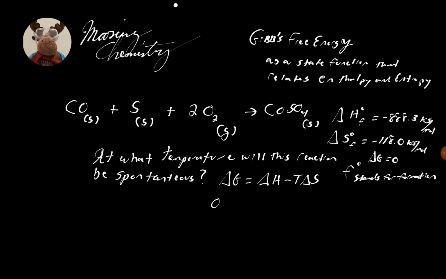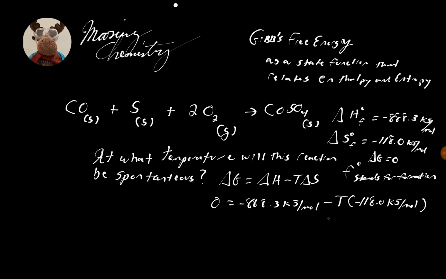Okay, so we're going to plug in our information here. So G is 0, and this equals negative 888.3 kilojoules per mole, minus our unknown temperature times negative 118.0 kilojoules per mole. Okay. So now let's look at this.